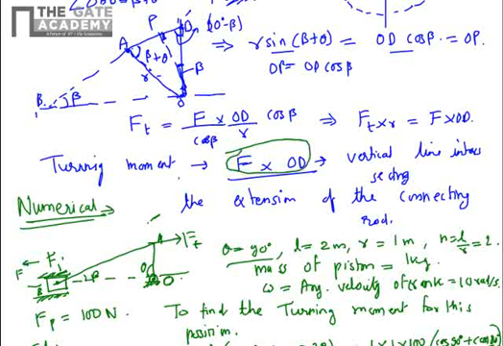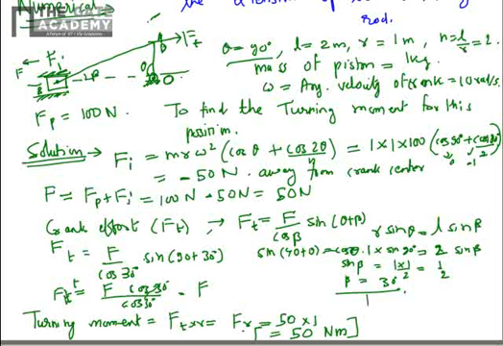So in the present case, the vertical line from O to A is the same as D. So the points A and D are the same, and this length is R and this force is F. So finally you can simply get the turning moment is equal to F into the length OD. OD is equal to OA in this case, which is equal to R. So turning moment is F into R, simply.